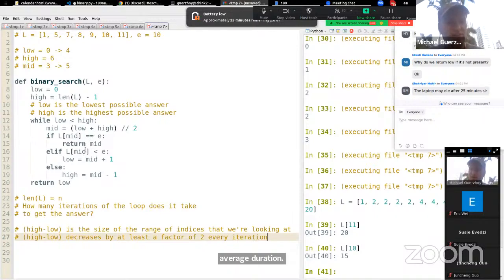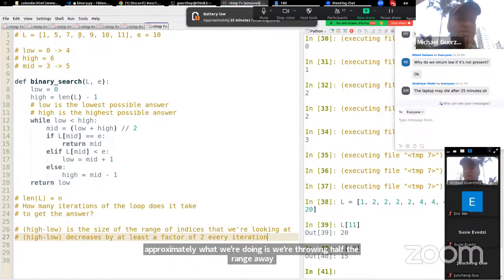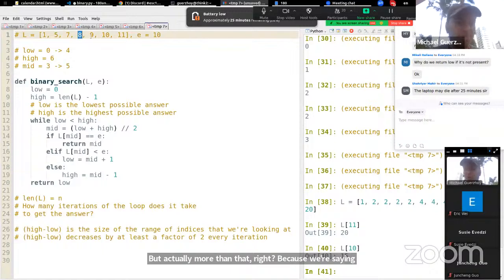Well, because we are actually making it usually a little bit smaller than the previous high minus low over 2, right? Because approximately what we're doing is we're throwing half the range away, but actually more than that, right? Because we're saying, well, let's look at the middle and then throw away the middle and just look here.